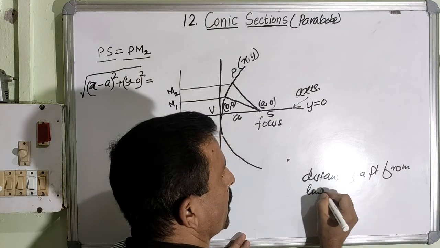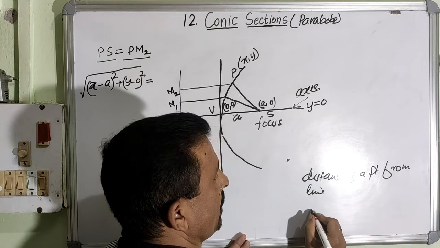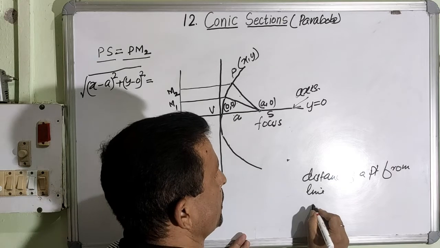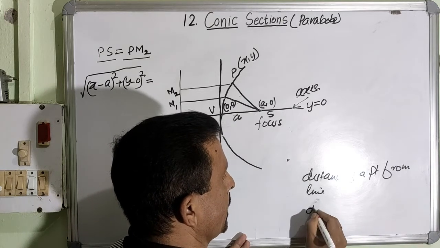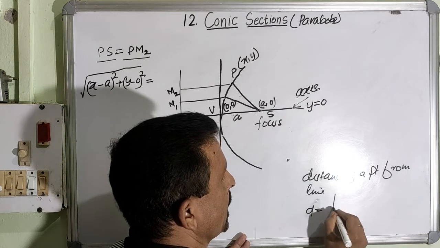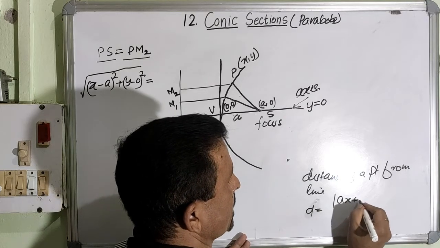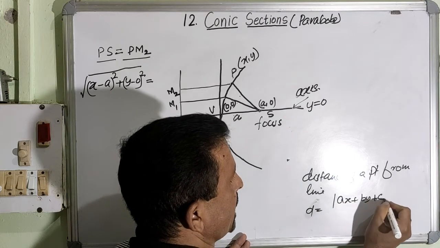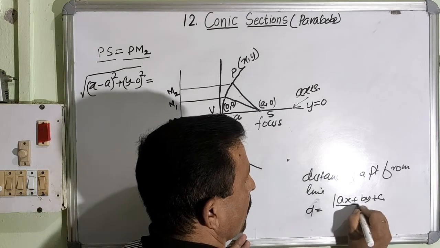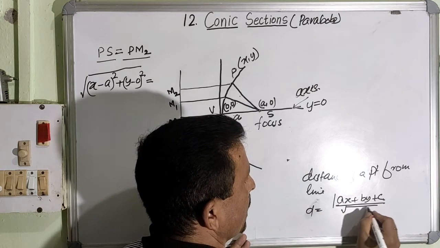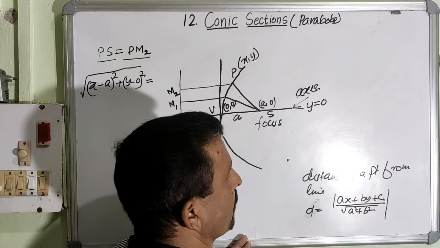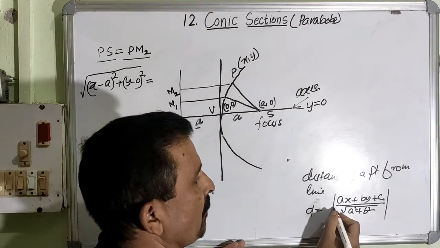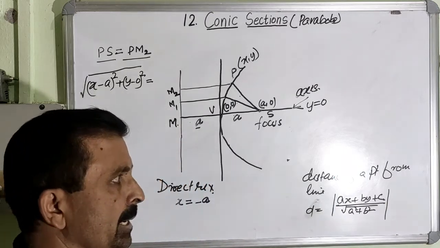The formula we have is, say this is PM, or maybe we can denote it simply as d. This is equal to the modulus of ax plus by plus c, over the square root of a square plus b square. This is the formula for finding the distance of a point from a line.